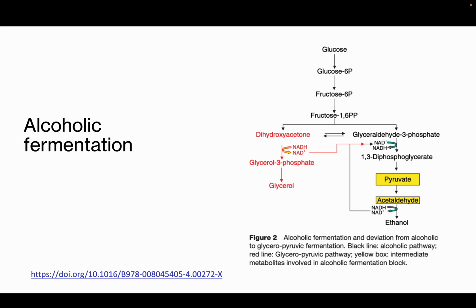The starting intermediates, dihydroxyacetone phosphate for GPF and glyceraldehyde 3-phosphate for alcoholic fermentation, are reversible, or they can be interconverted to each other.